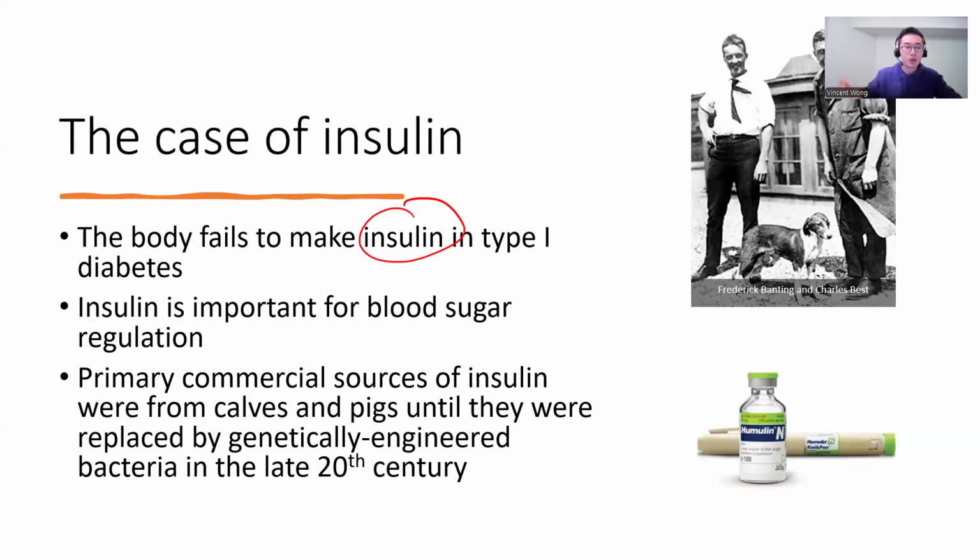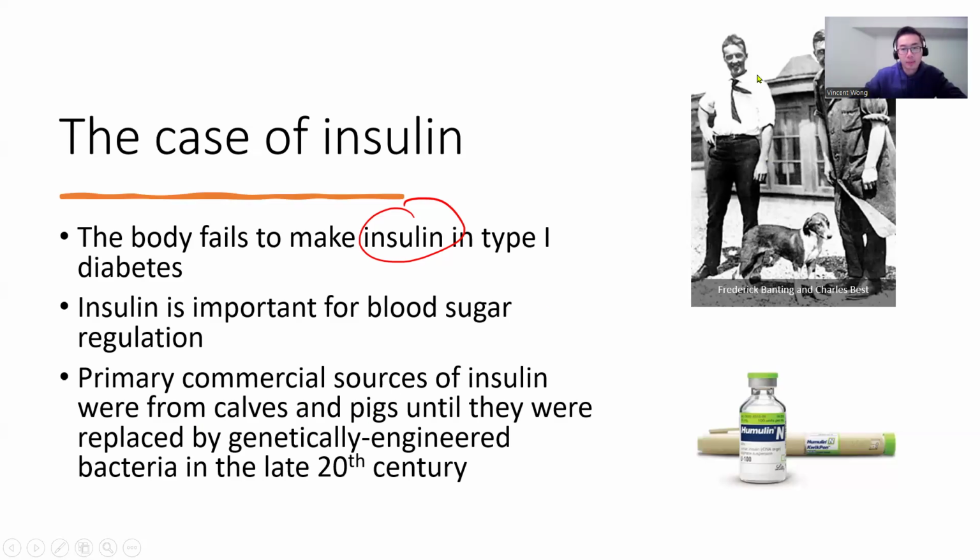Without insulin, you cannot regulate your blood sugar, and your body basically thinks you're starving all the time, and it starts eating away your proteins and lipids, which can be very devastating for the body. Prior to the 20th century, the main commercial source of insulin was taken from the pancreas of cows and pigs.